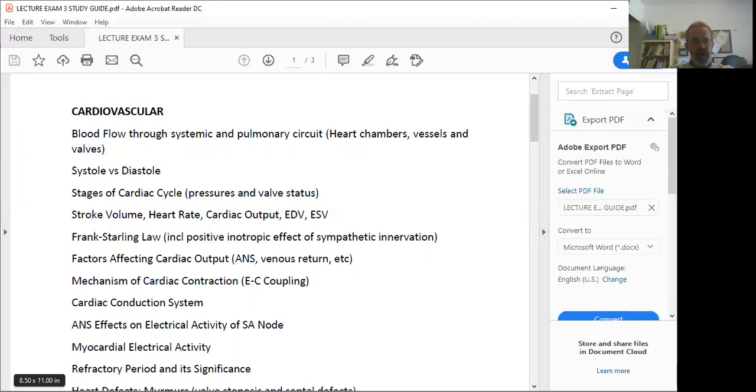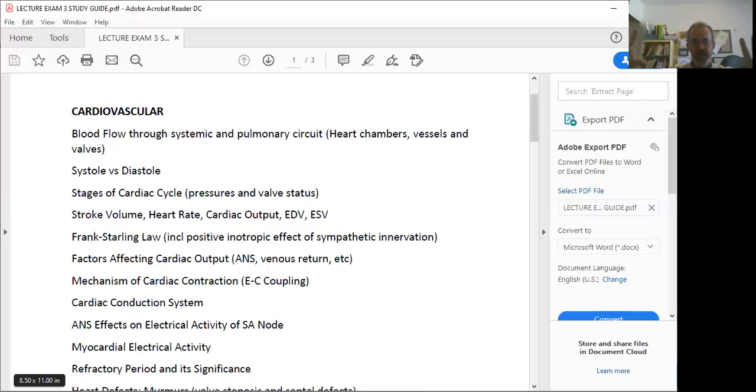There's a property of the heart which abides by the Frank-Starling law, which looks at the relationship between the EDV, or the filling time, or you can also call it the stretching of the heart, thinking like a water balloon, and how much blood's going to be pumped out, or in other words, the stroke volume.